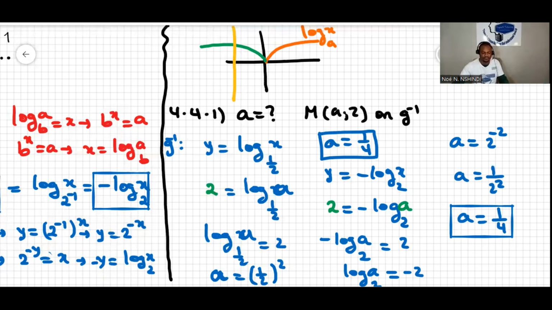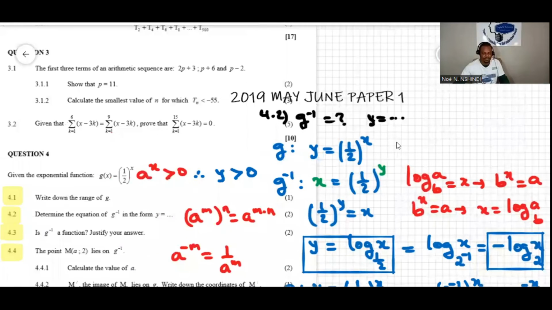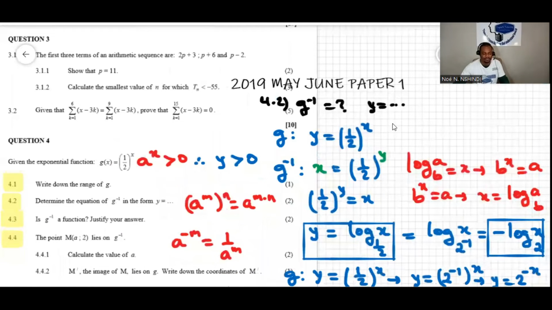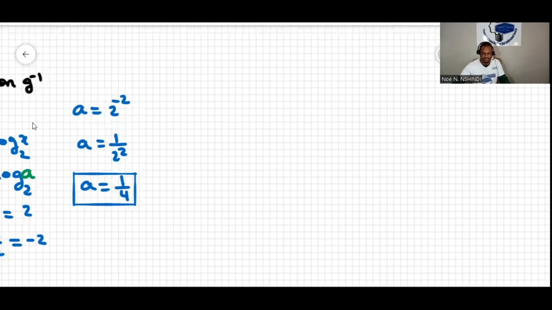Now, the following question is question 4.4.2. That was 4.4.1 and 4.4.2. The question says that M prime, the image of M, lies on G. Write down the coordinates of M prime.